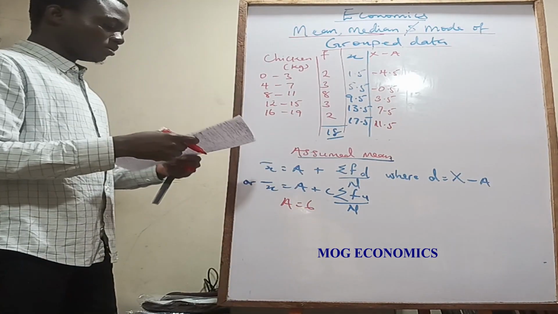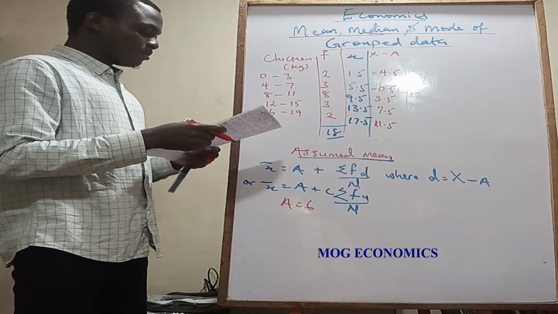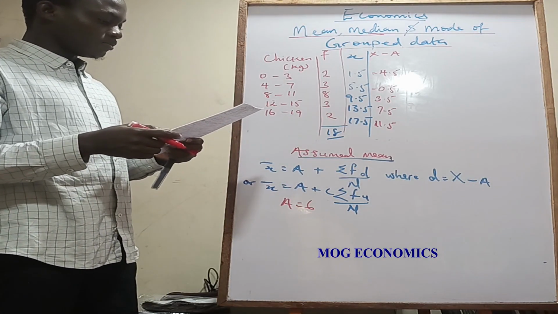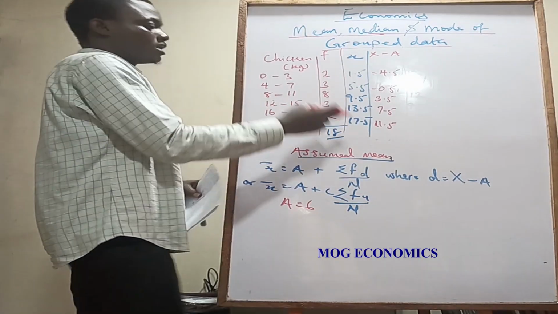So let me just cross check all of those. Exactly. Now remember that x minus A is d.